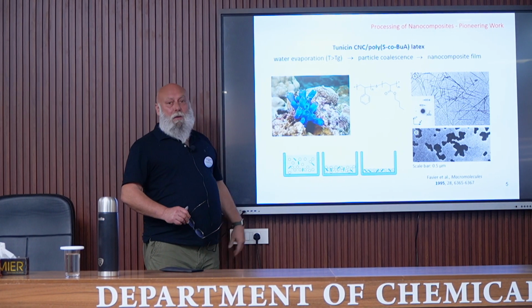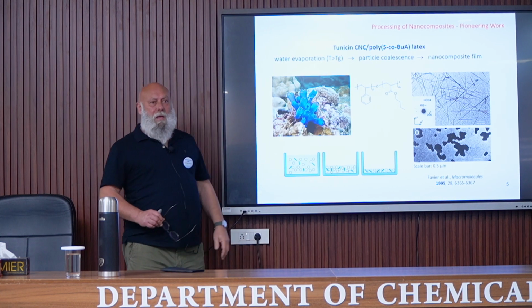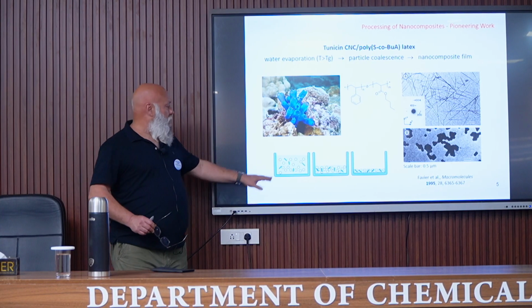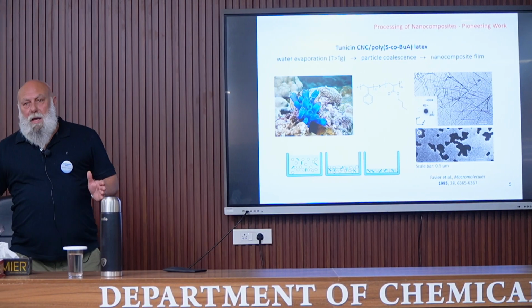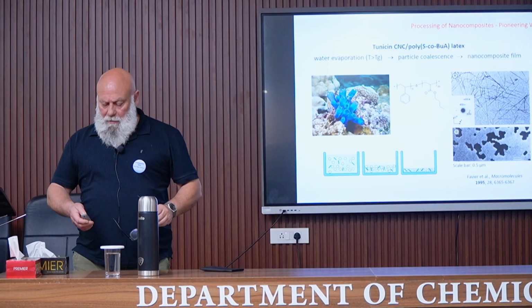So the two aqueous dispersions are mixed, water is evaporated, and we obtain a nanocomposite film with a good dispersion because the dispersion is preserved more or less during evaporation, even if some sedimentation was observed.